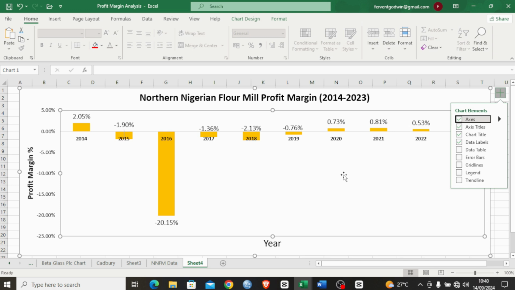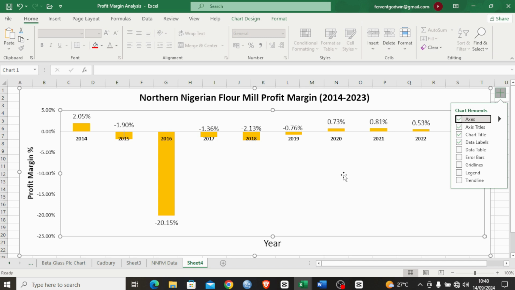Now if we look at this, we'll see that there is a line here. We'll see the 0%. This is where the line divides the negative and the positive. So below the 0% line, you see the negative 5%, and above the 0% line, you see the positive 5%. Everything below this line is showing the negative. So we see that in 2016 it was negative 20%.